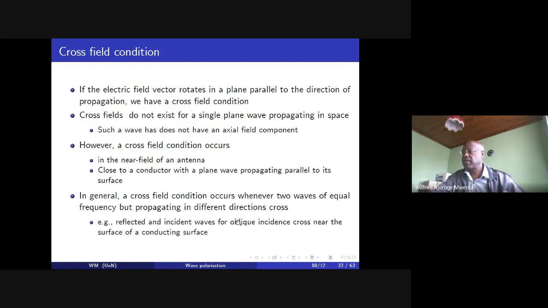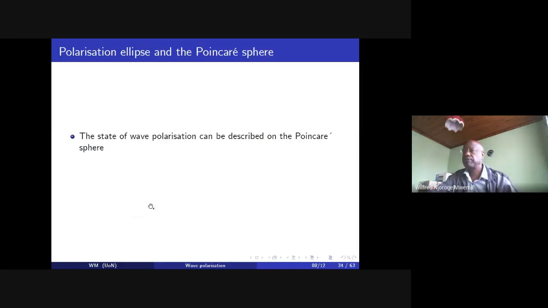That is, the incident wave is approaching the conducting plane at an oblique angle of incidence, and the fields of the incident wave and those of the reflected wave may cross near the conducting surface and introduce that kind of cross field condition.